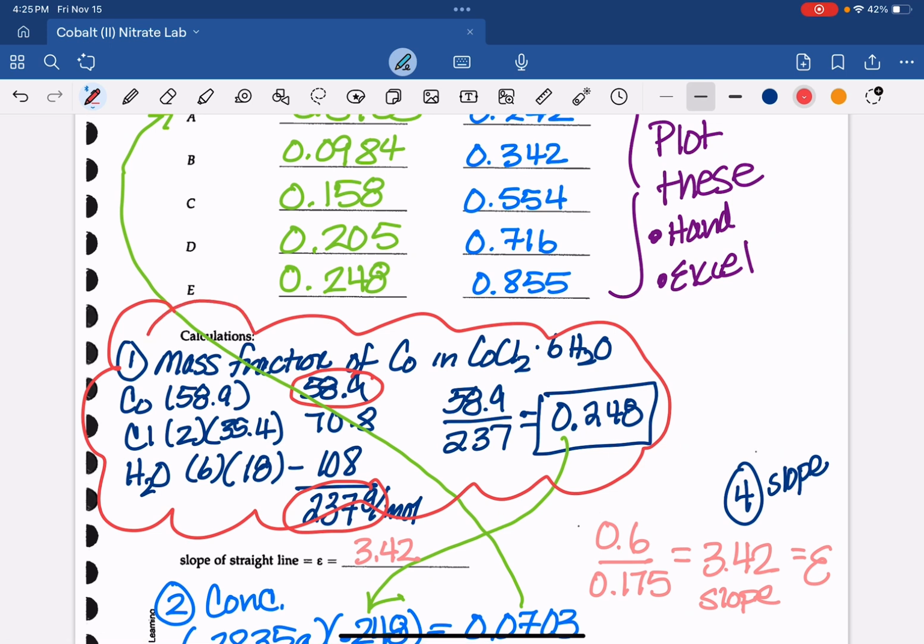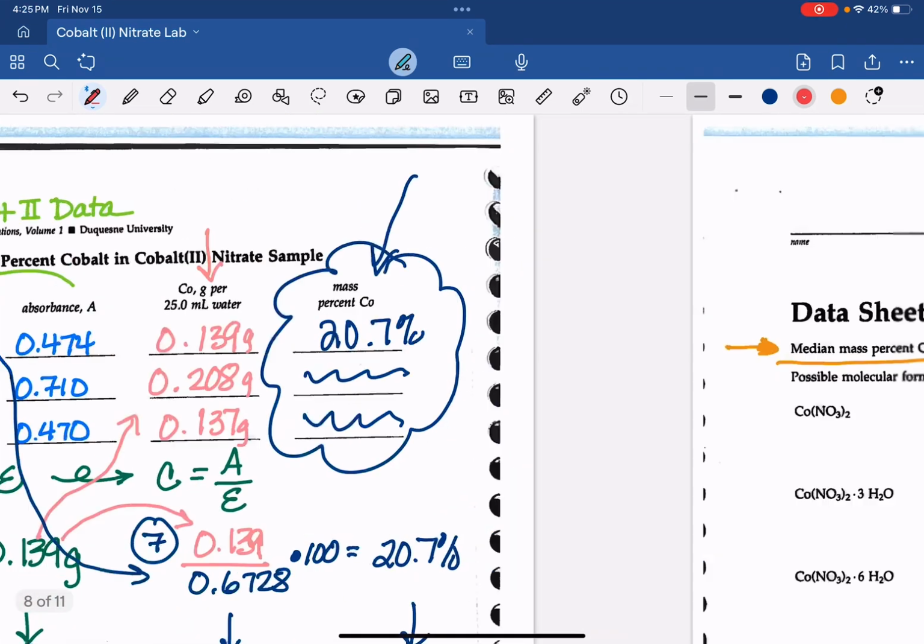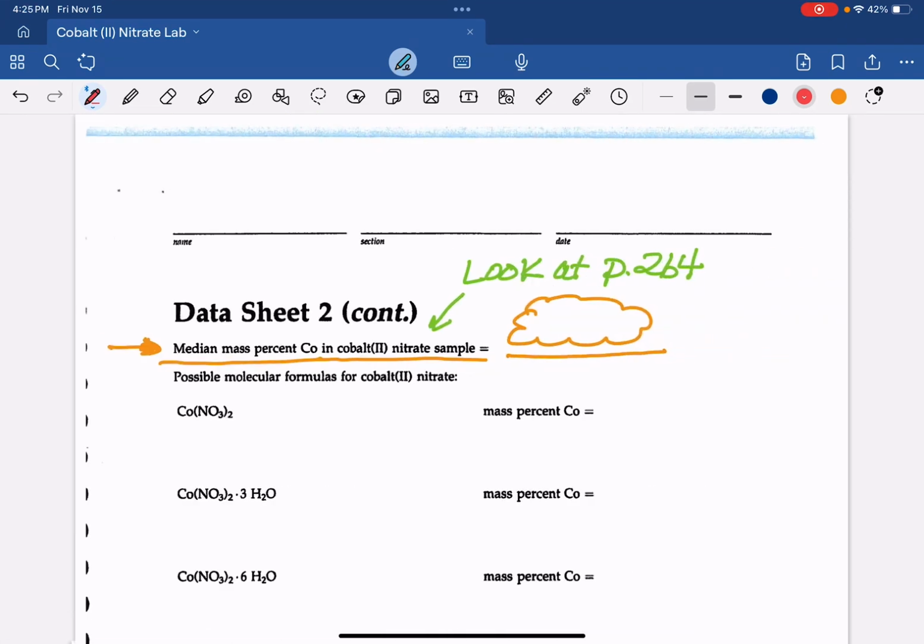That is the process you're doing. The only thing different is you are going to want to multiply by 100. So for the last part, you're going to take 0.248 as an example, multiply by 100 to get it into a percent form, which would be 24.8%. Again, that is for cobalt chloride.